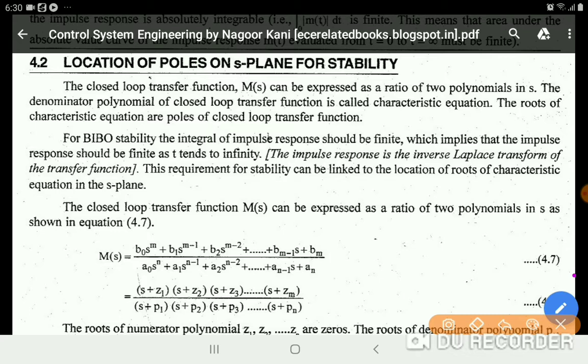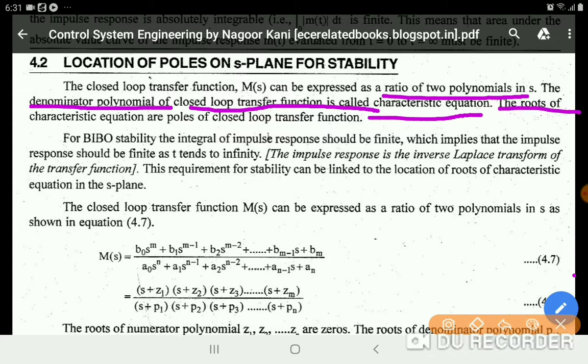Before, we crossed the closed loop transfer function. It is a ratio of two polynomials in S. The denominator polynomial of the closed loop transfer function is the characteristic equation, which we will see in the second unit itself.